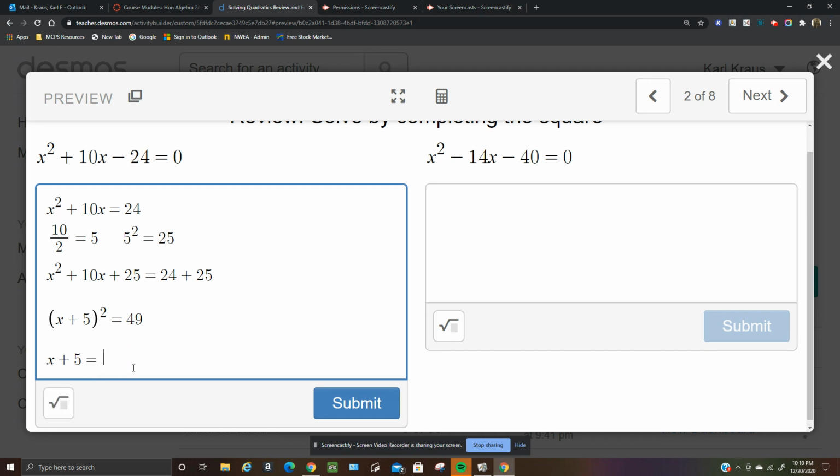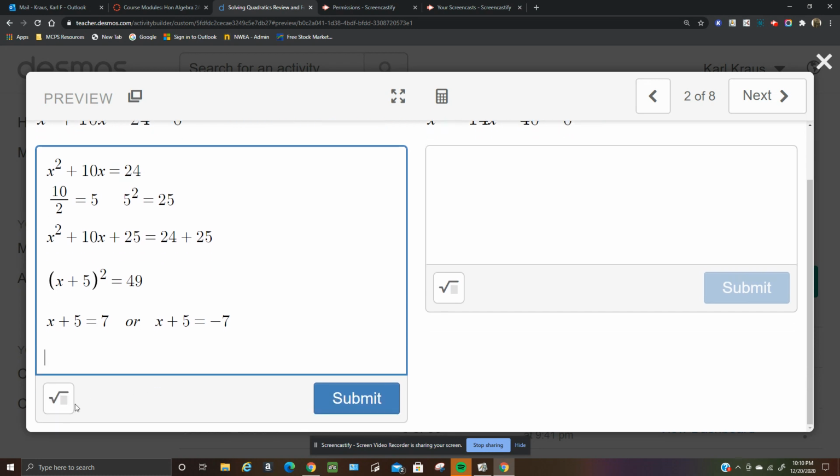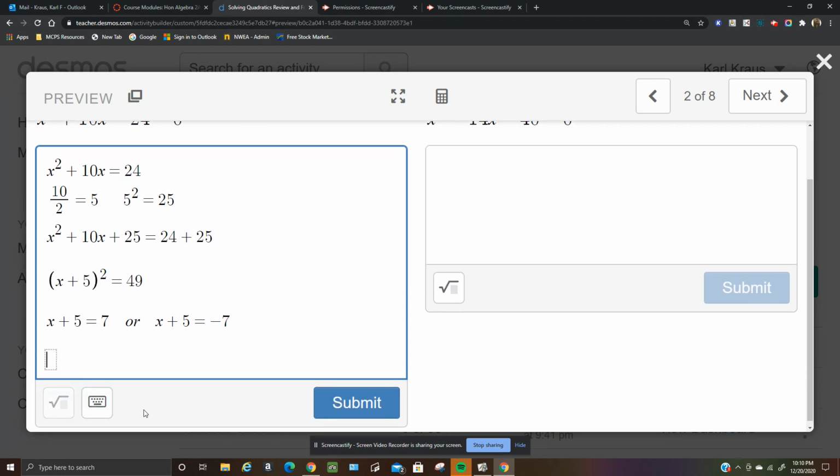So x plus 5 equals 7, or x plus 5 equals negative 7. Subtract 5 from both sides in both equations. X equals 2, or x equals negative 12.